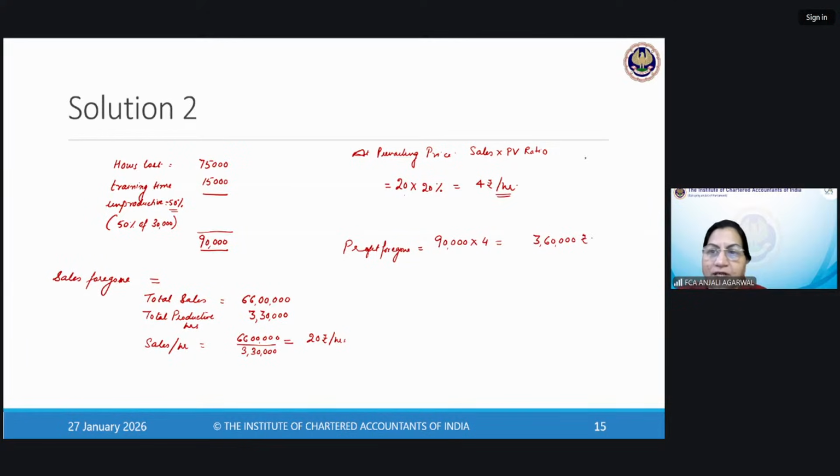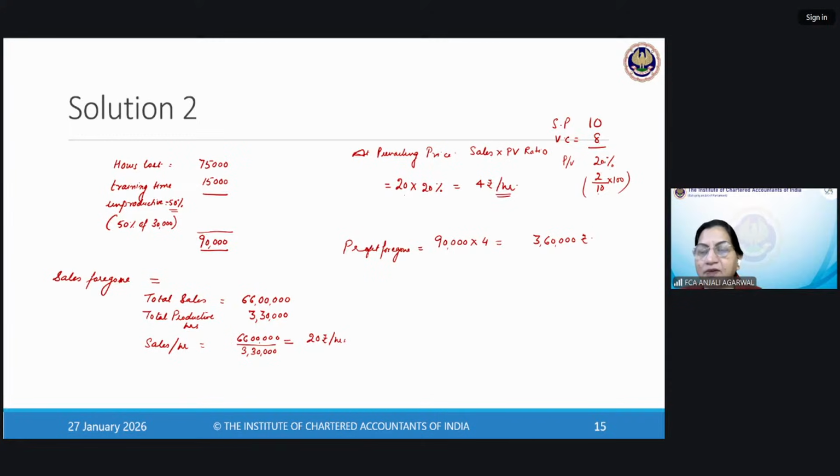What is the meaning of prevailing price? Like I said, if you sell your product at 10 rupee and there is a variable cost of 8 rupees, then you get a PV ratio or contribution of 20%. Okay, 2 rupees is your contribution on a sale of 10 rupees into 100.